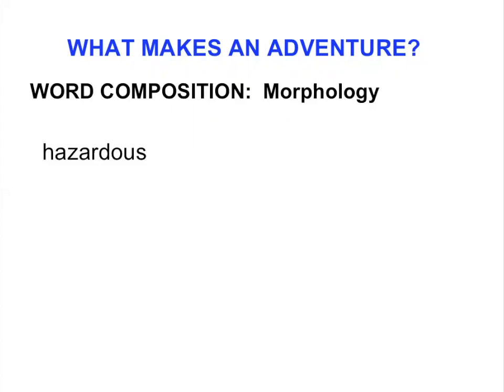First, I see the suffix "ous", leaving us with the base word of hazard. "Ous" typically makes the word an adjective meaning full of, and the word hazard means danger. So if something is hazardous, it is full of hazards or dangers.